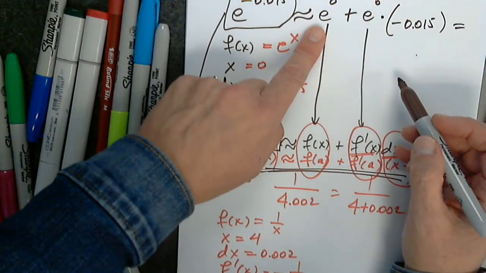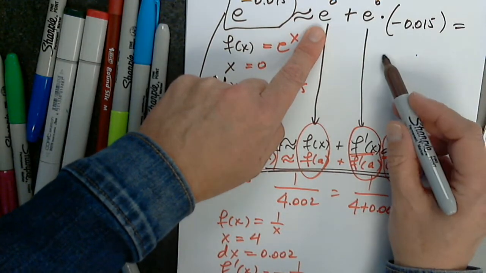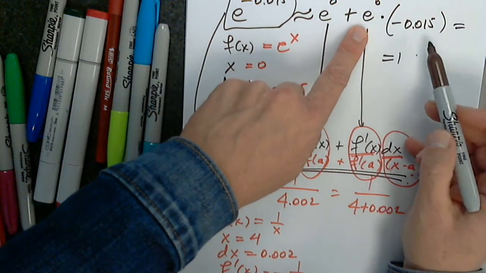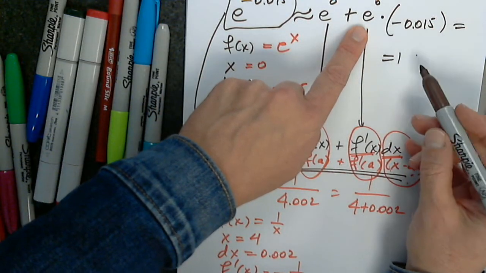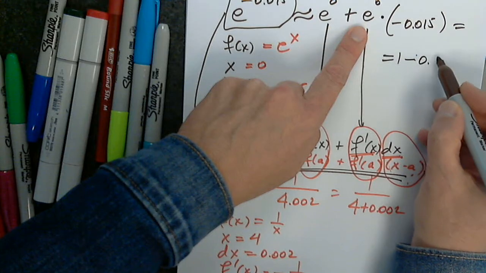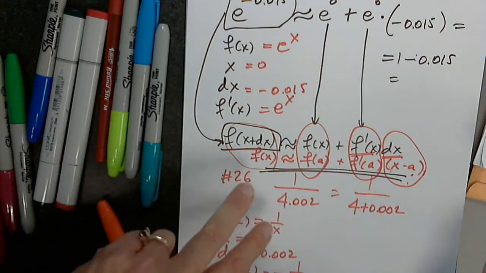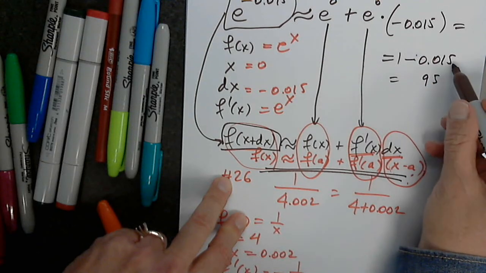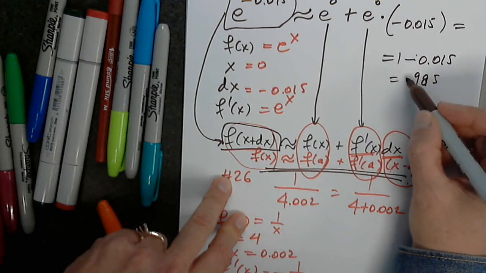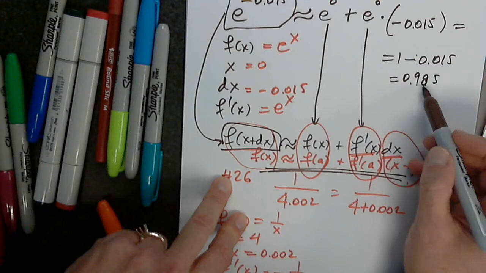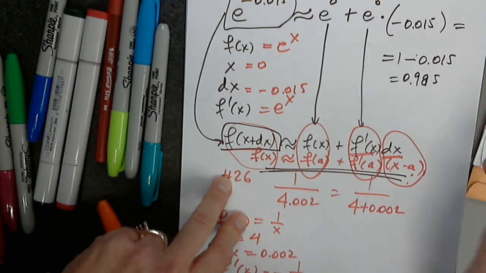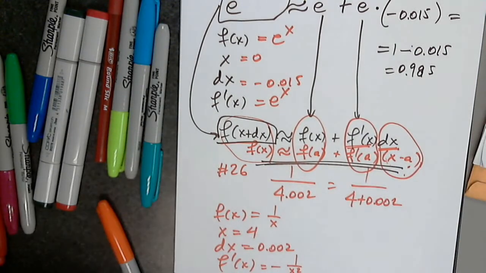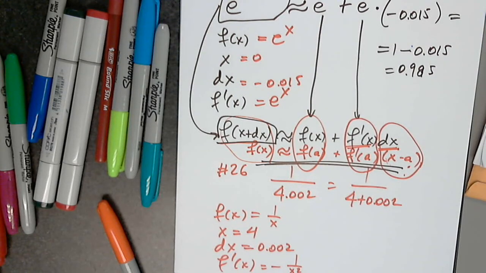How much is e to 0? 1. How much is e to 0 times negative 0.015? Negative 0.015. So what is this answer? It's 0.985, correct? Okay, so now let's check with the graphing calculator.